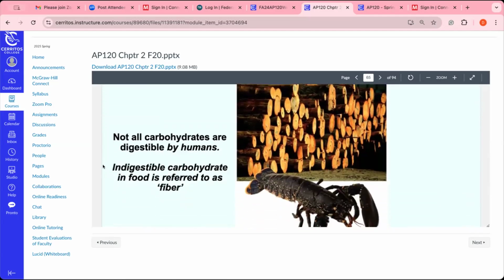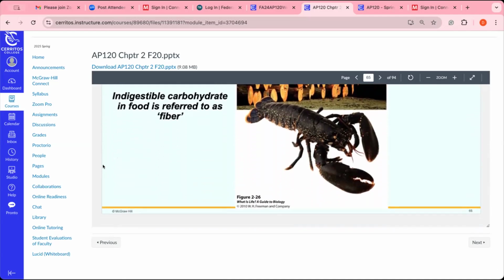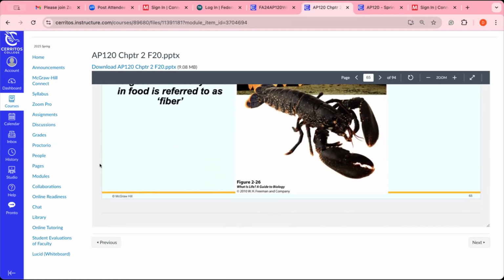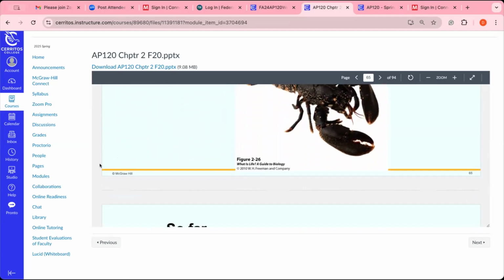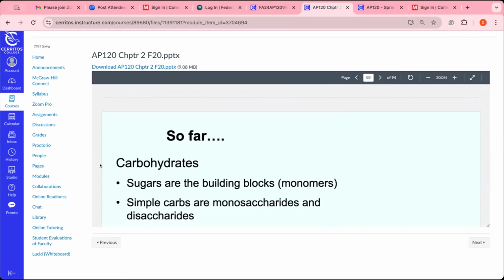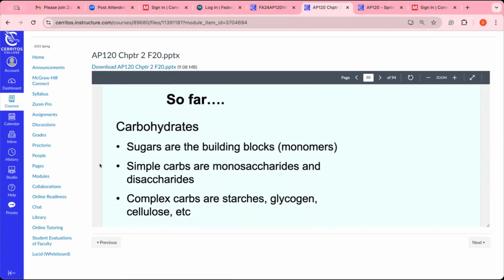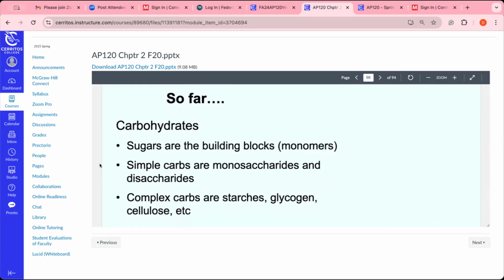Not all carbohydrates are digestible by humans. Indigestible carbohydrate in food is referred to as fiber. This is our friend the spiny lobster here. So far, carbohydrates: sugars are the building blocks, monomers. Simple carbs are monosaccharides and disaccharides.